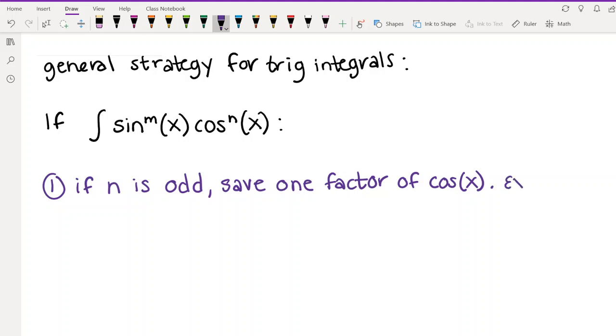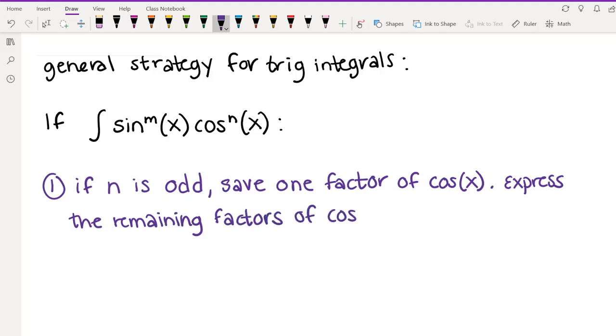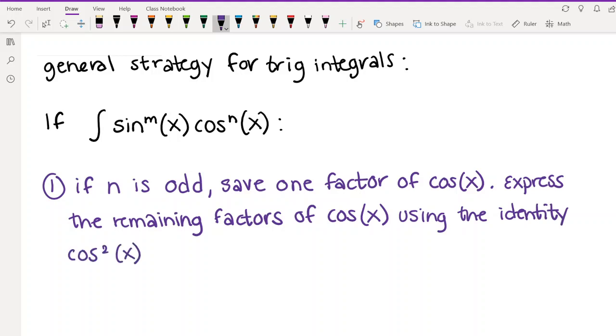And so you're going to express the remaining factors of cosine of x using the identity cosine squared of x is equal to 1 minus sine squared of x.